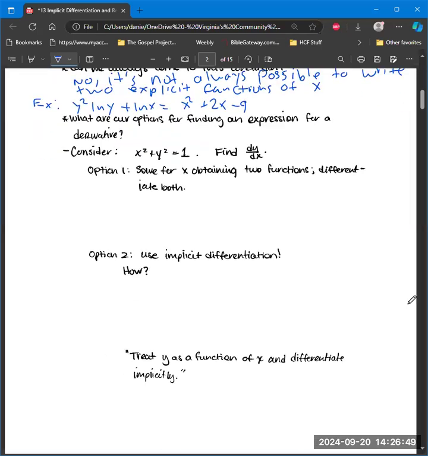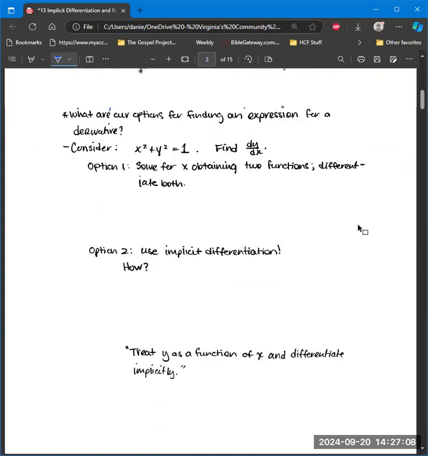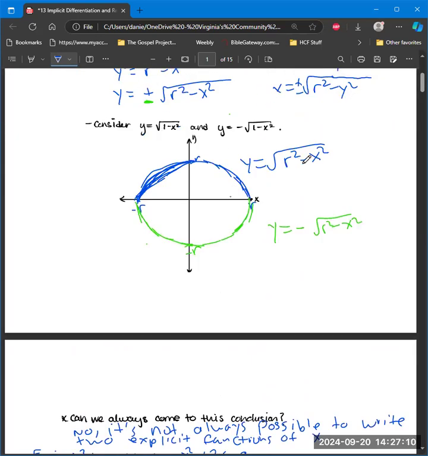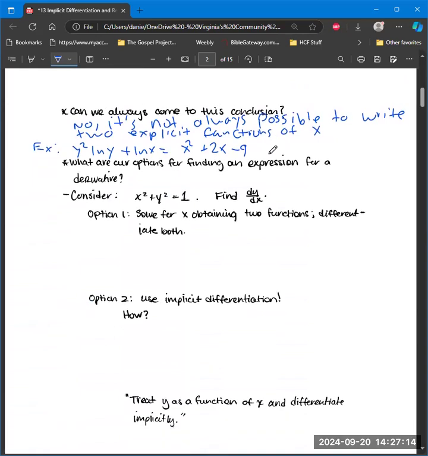So what are your options for finding an expression for the derivative? Option 1 would be what we did to solve for multiple explicit functions like this, and then differentiate both of them and see what happens.